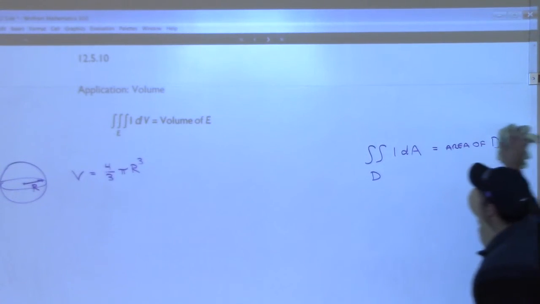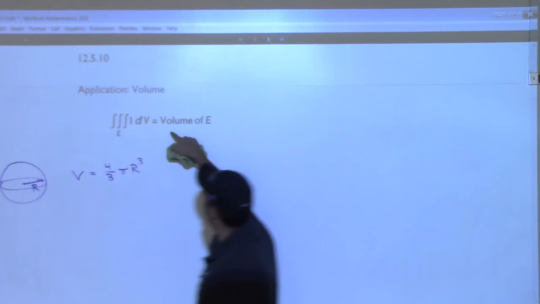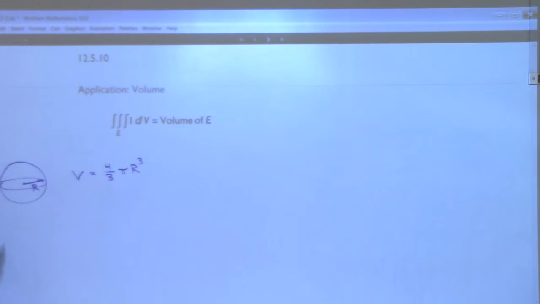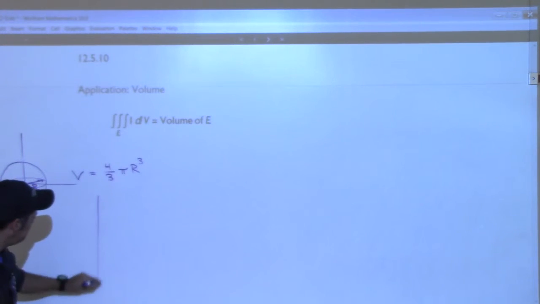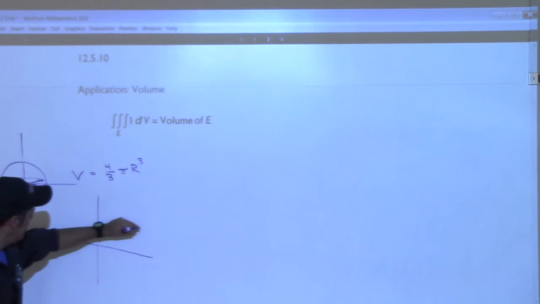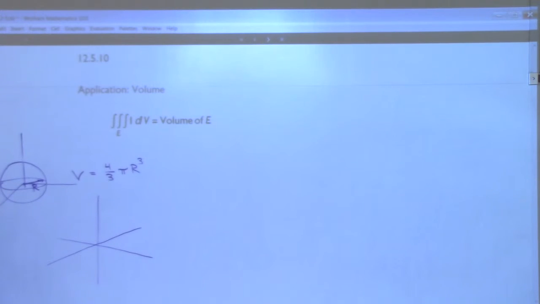All right, so the way we're going to do this is as follows. We're going to use this. What I'd like to do is find the volume of this, right? So I think the best approach here would be to look at just the first octant of this solid, because I think we can handle the first octant. What is the first octant of this solid? If we imagine the x, y, z axes coming through like that, do you all see the first octant being, well, let me see.